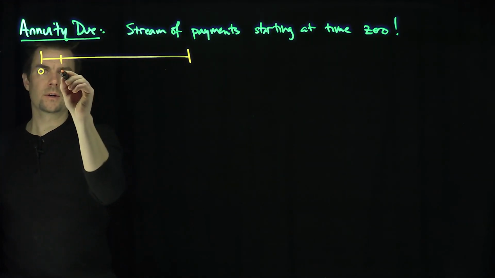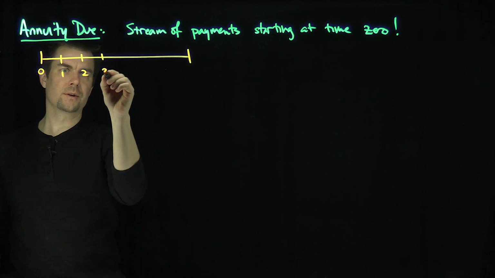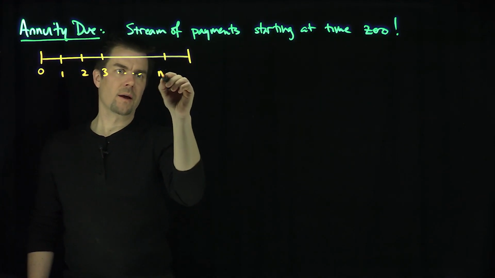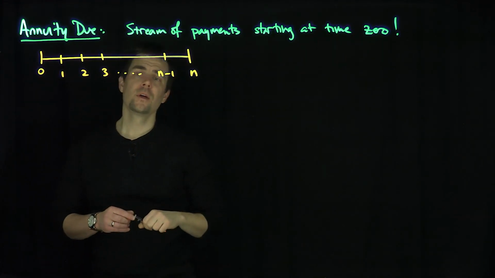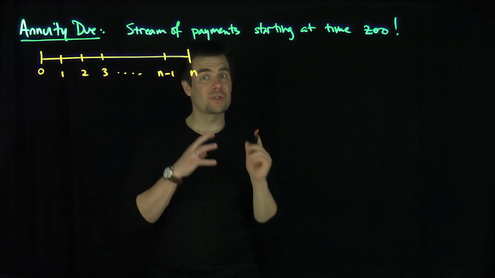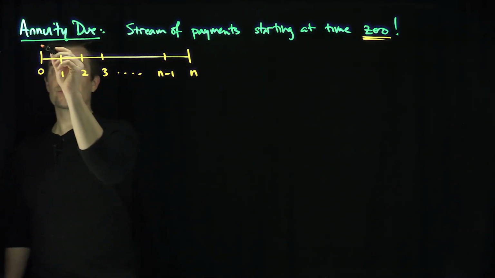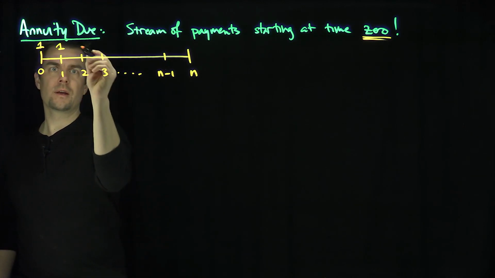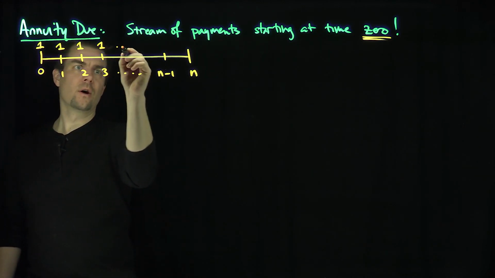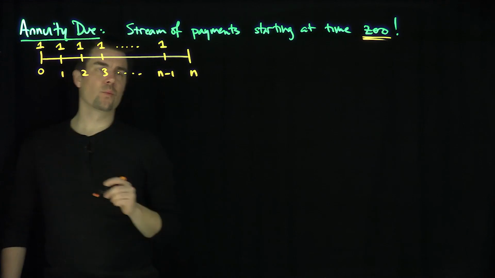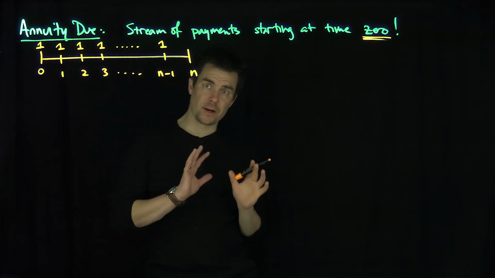Here's time 0, here's time 1, here's time 2, here's time 3, here's time n-1, and here's time n. The annuity due, the payments start at time 0. So the first thing you're going to get over here is a 1, a 1, a 1, a 1, all the way down to n-1, and that's when the payments stop at time n-1.